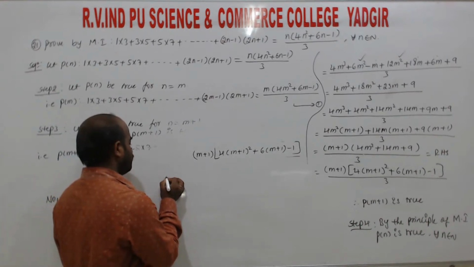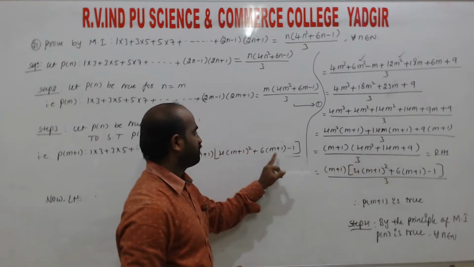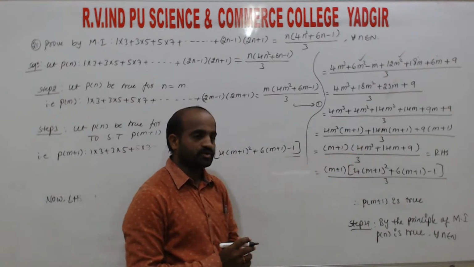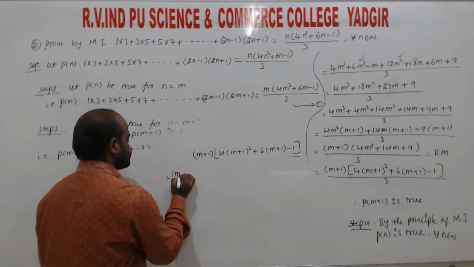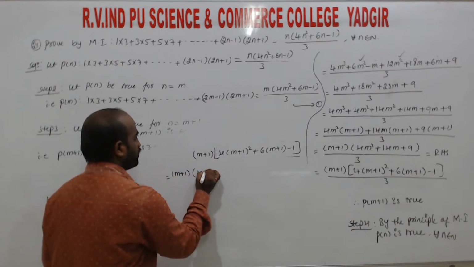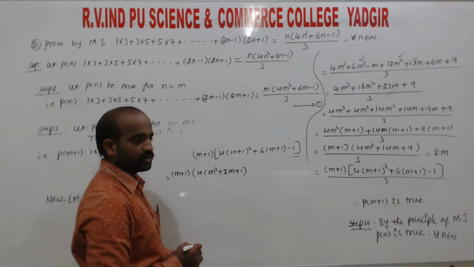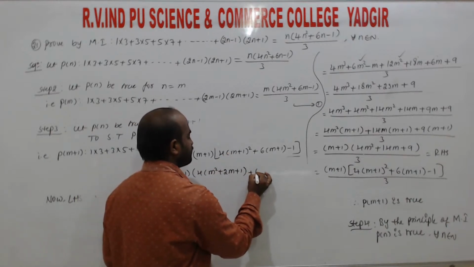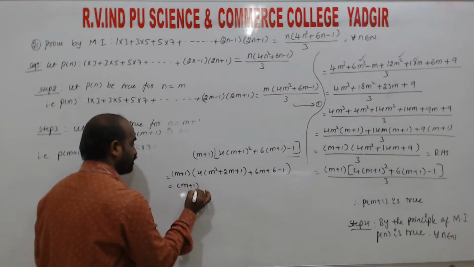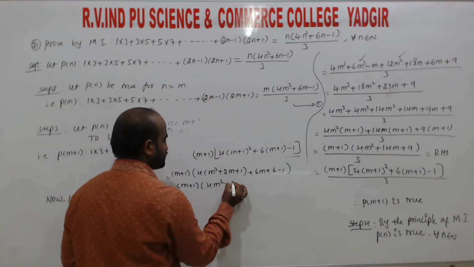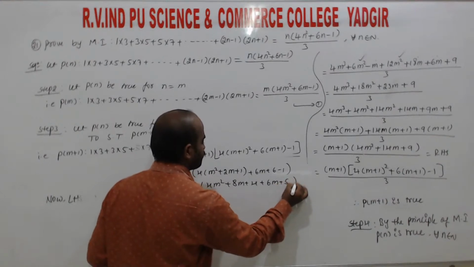Check it once again. 4 into m plus 1 square plus 6 into m plus 1 minus 1 is equal to 4m square plus 14m plus 9. And m plus 1 as is. Now 4 into m square plus 2m plus 1, a plus b whole square. 6m plus 6 minus 1. m plus 1 into 4m square plus 8m plus 4 plus 6m plus 5.